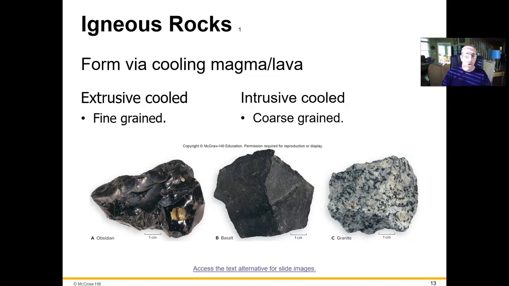It's making new rock, because once that lava comes out of the ground, out of the volcano, and hits cooler air or cooler water or whatever the case, it's going to start to cool and solidify.